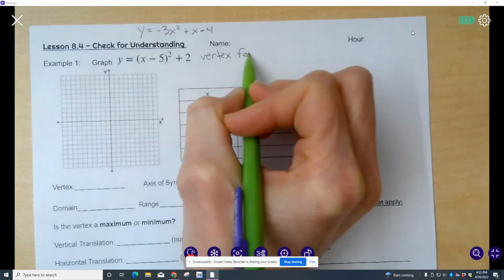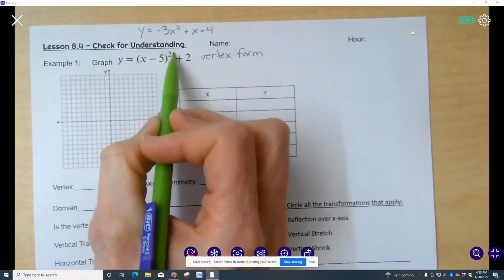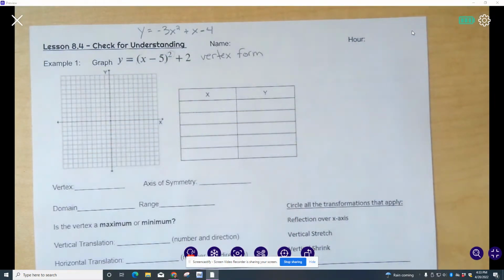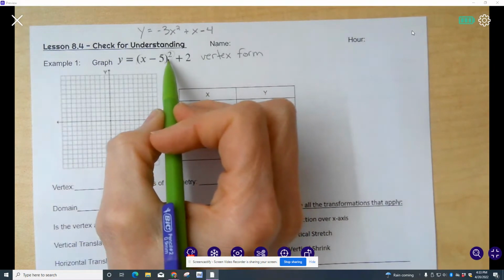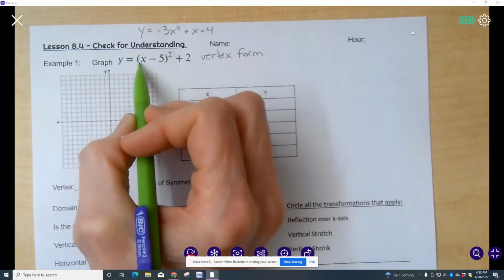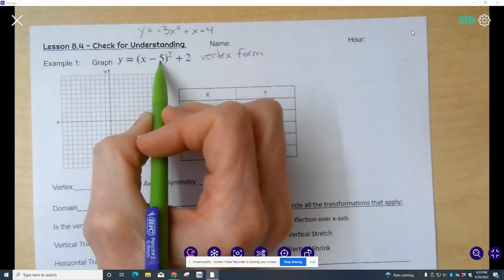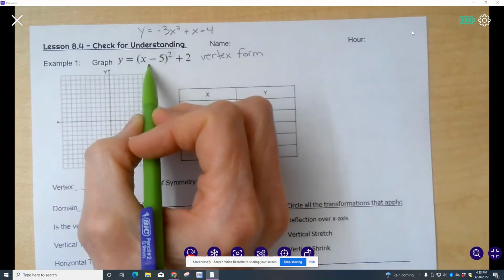This is vertex form. We have those parentheses and the exponent of 2 outside the parentheses. Now remember, we said numbers in the parentheses are in bizarro land, so numbers in the parentheses are going to be the opposite of what they appear.